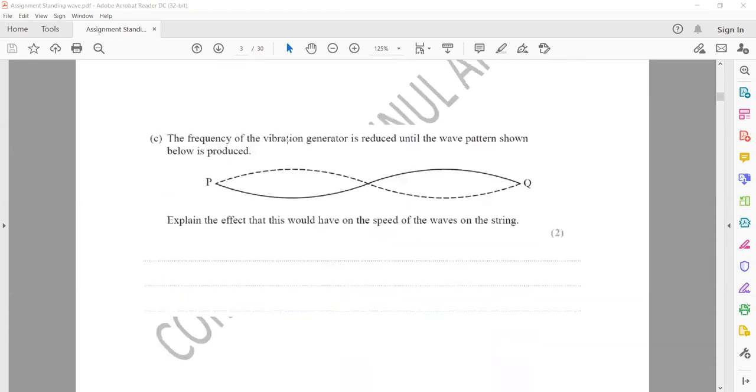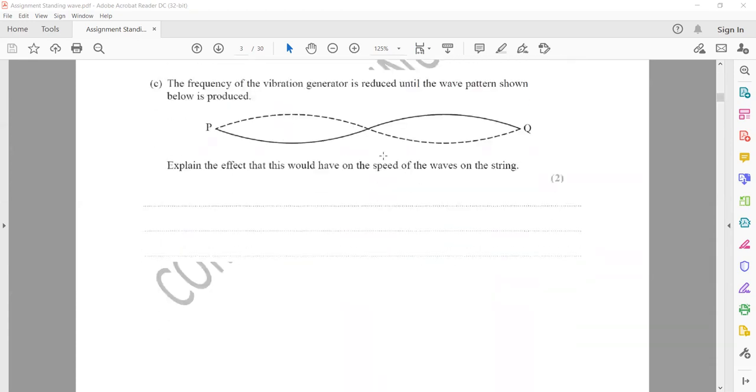The next part: the frequency of the vibration generator is reduced until the wave pattern shown below is produced. Explain the effect that this would have on the speed of the wave in a string. So how will it have an effect?